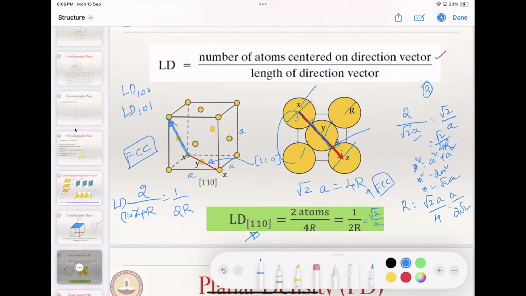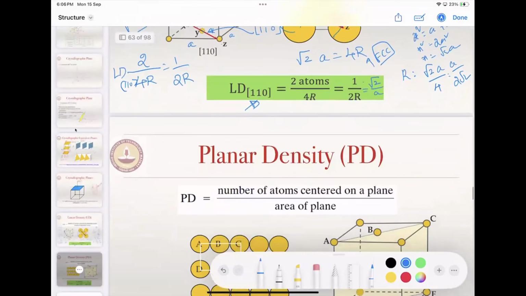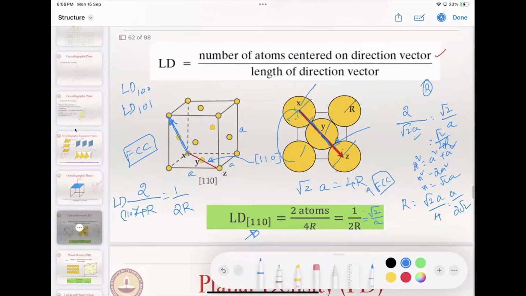Sir, 111 will have a unique direction, right? That is different. 111 is the body diagonal. Try to find out the density along the 111 direction. It should also be the same, sir? Why?